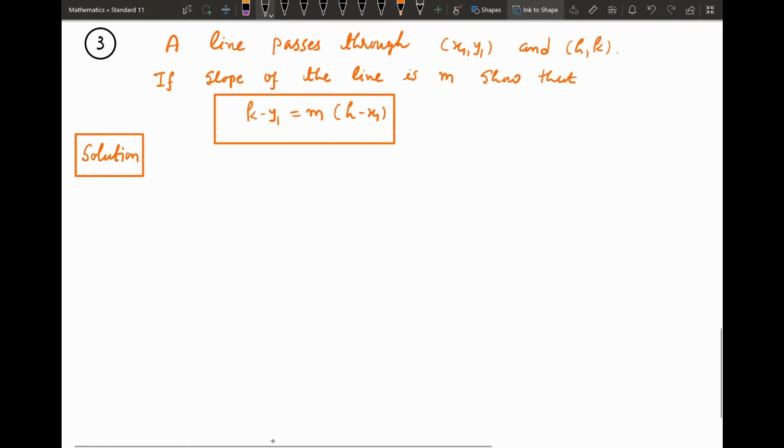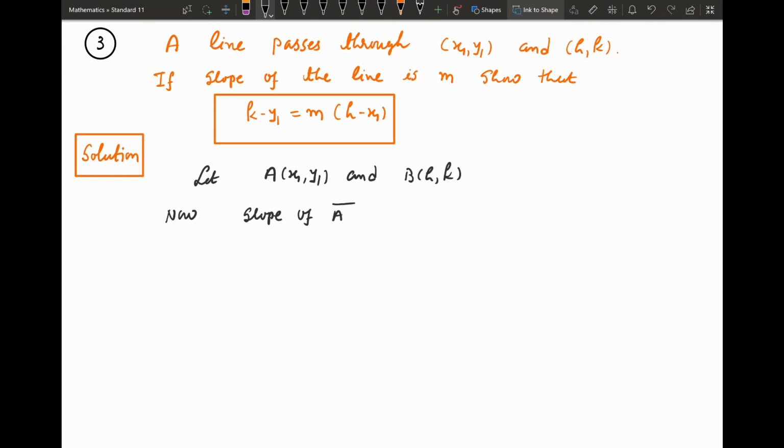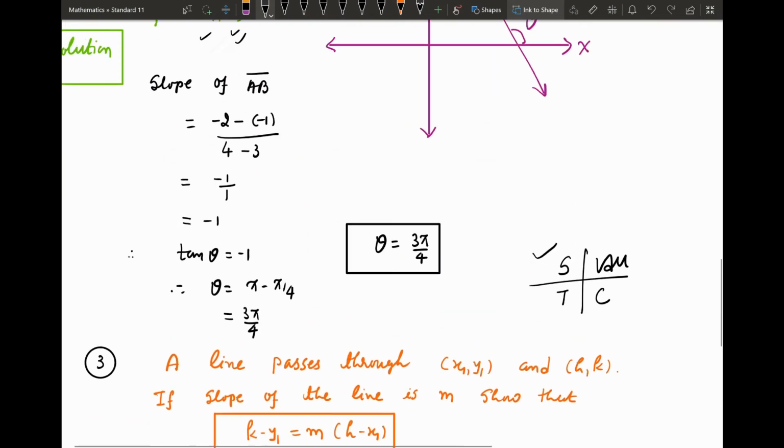Let A be (x1, y1) and B be (h, k). Now we are given that the slope of line segment AB equals m.